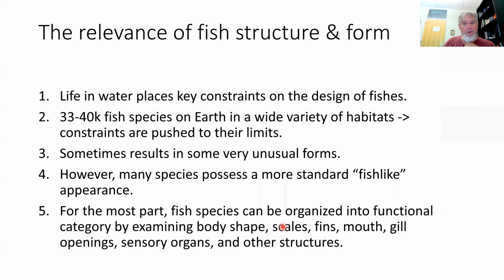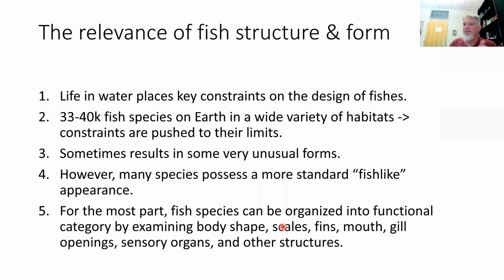So we're going to talk about structure and form today, what makes fish go and how they survive in the environment they live in. Because they're aquatic, it places key constraints on their design. But there are 40 plus thousand fishes, I think, on Earth, and they exist in a wide variety of habitats, and those constraints are pushed to crazy limits that are really fun to observe. Today, we'll look at some of the extremes and unusual forms.